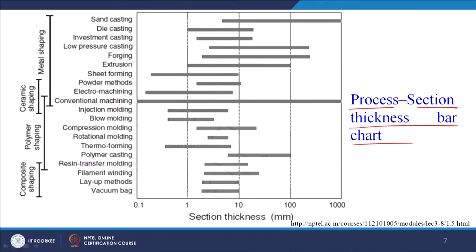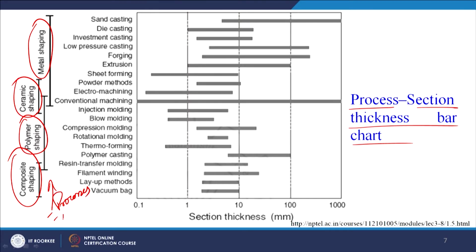Again the processes are given here on the y axis: metal shaping, composite shaping, polymer shaping, ceramic shaping. So, it is related to the processes, as well as you see the materials also are specified, and we have already discussed this classification in the first and second week. So, the processes are listed as well as specific to the materials.